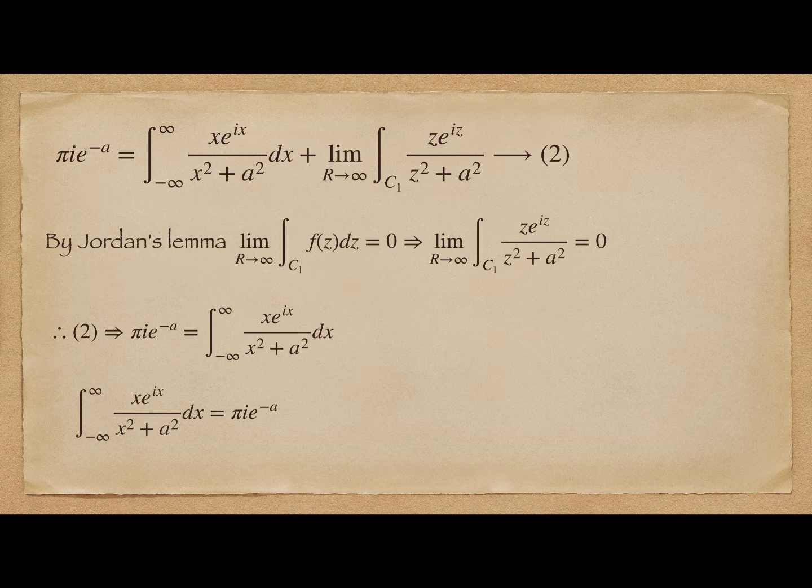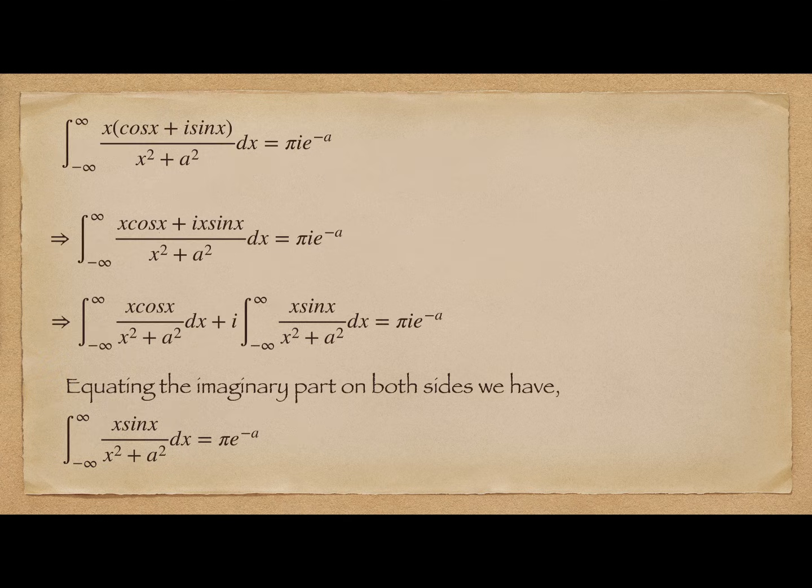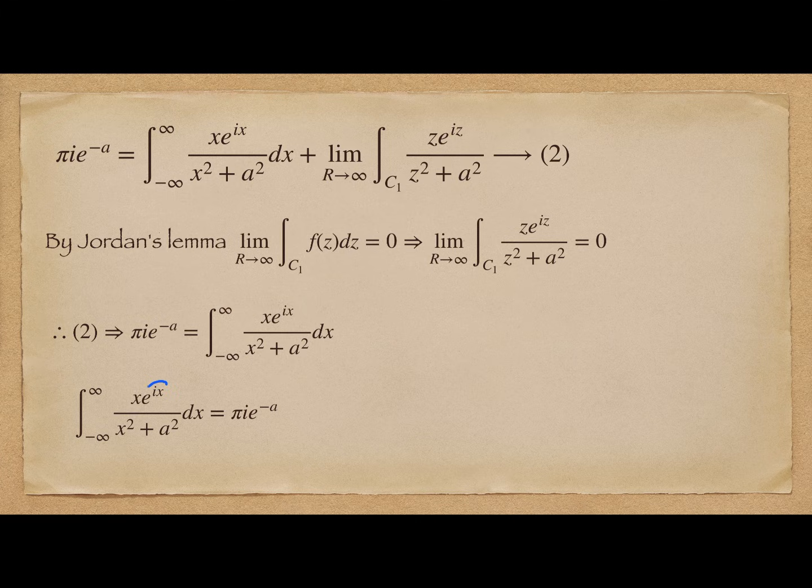Now what is this integral from minus to plus infinity? This quantity, this integral, we got pi i into e^(-a), but we need the integral from 0 to infinity, not minus to plus infinity. So how should we do that part? Here, e^(ix) can be written as cos x plus i sin x, which you know very well, right?